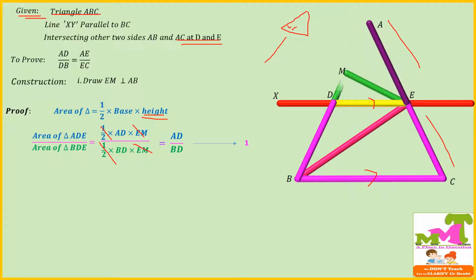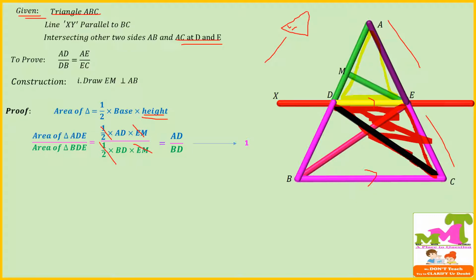Now I consider triangle AED, and another triangle I choose is DEC, with the black line. We consider the red mark triangle over here, and the other triangle is the already chosen triangle, which is in blue for now.